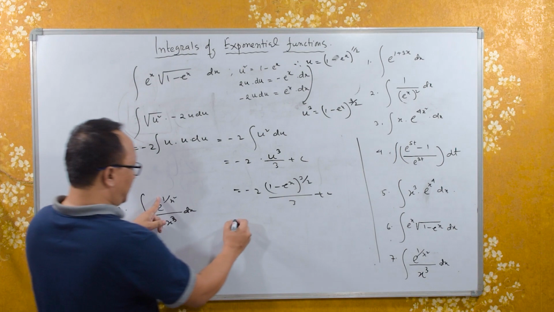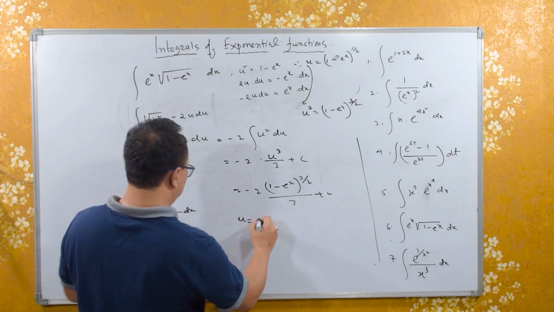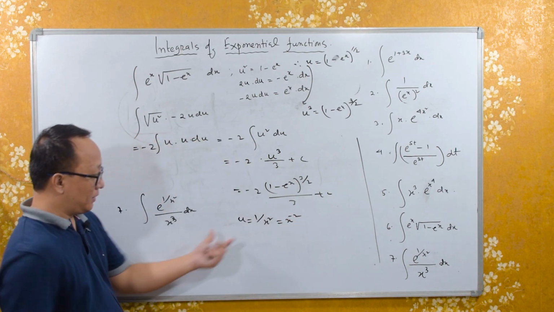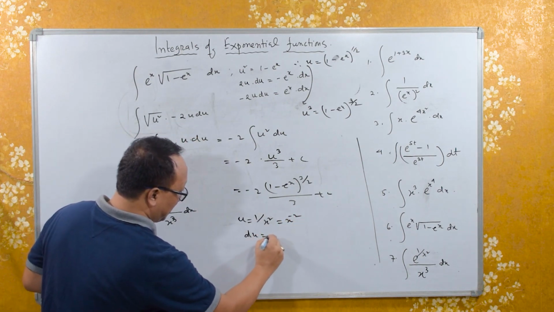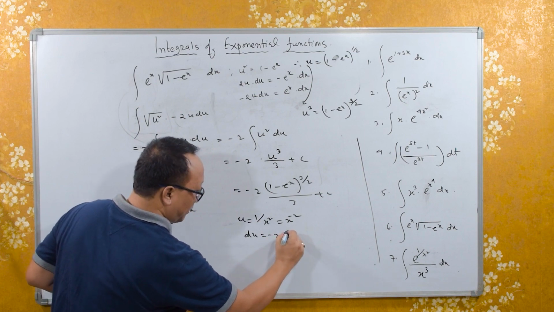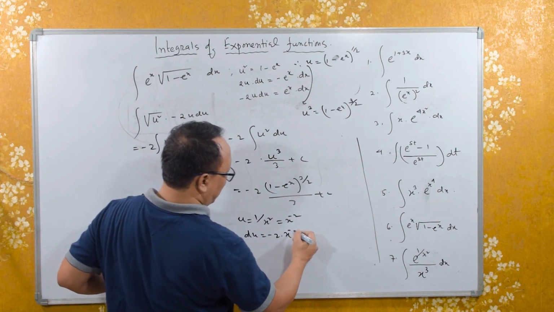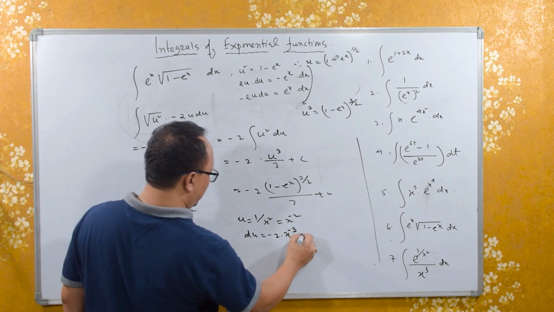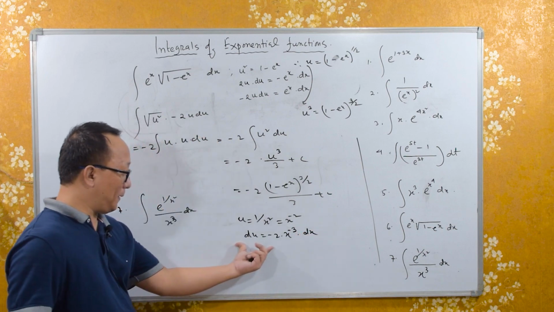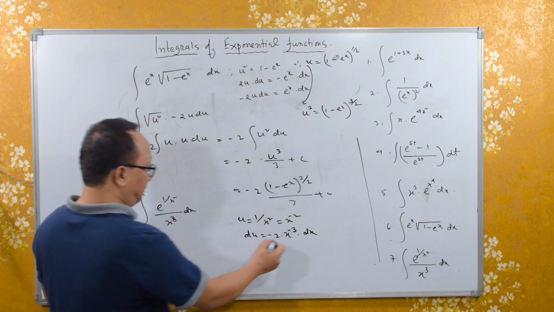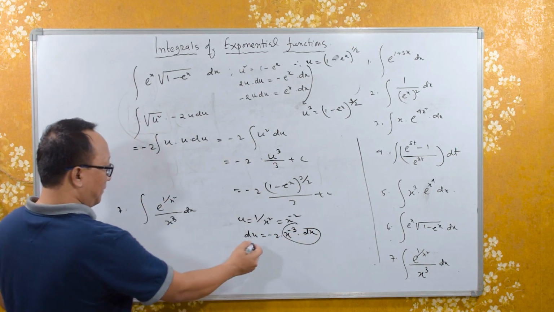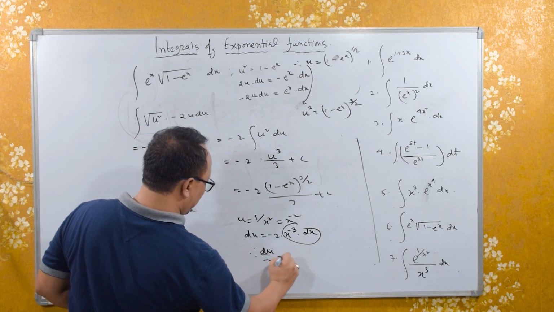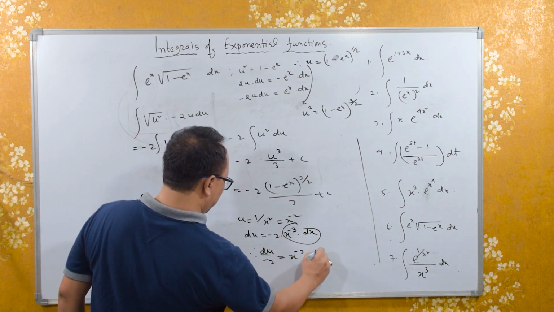If I substitute u equals 1 upon x square, that is x raised to minus 2, then du will be minus 2 x raised to minus 2 minus 1, which is minus 3, into dx. Now I am getting this term, therefore du upon minus 2 is x raised to minus 3 dx.